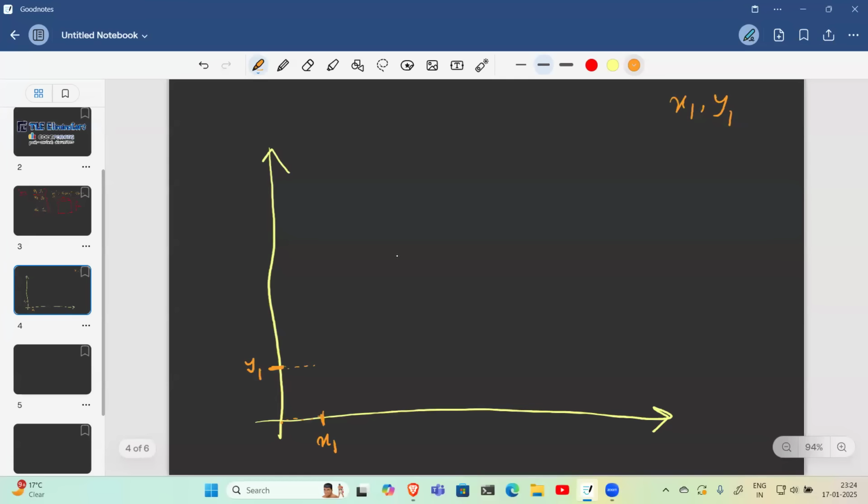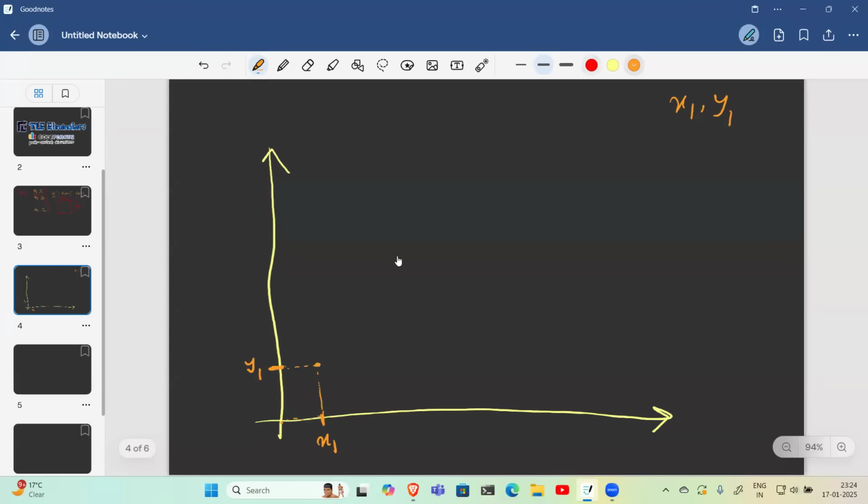This is my y-axis, this is my x-axis. Suppose the initial values are x1 and y1. Initially the stamp was at the origin, the bottom left corner of the stamp was at the origin. You shift it so that the bottom left corner is now at the coordinate x1, y1.